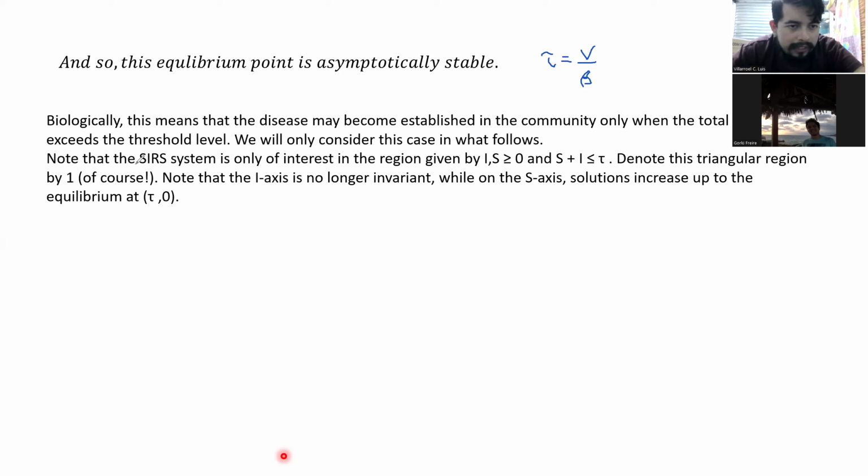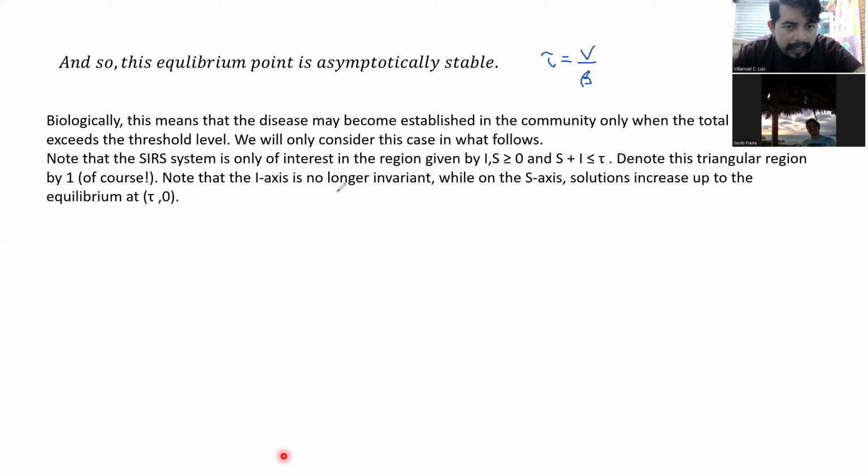Note that the SIRS system is only of interest in the region given by I, S greater or equal than 0, because we are considering the number of individuals, of course, and S plus I less than or equal to tau. Denote this triangular region by Omega, of course.